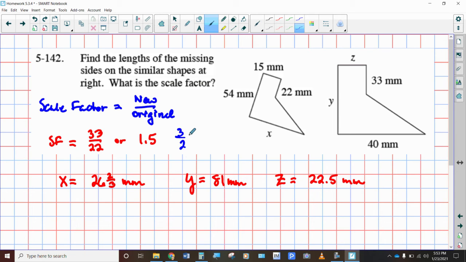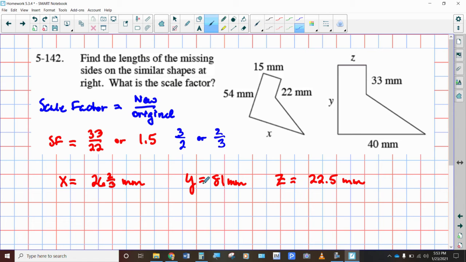The reason why I like writing it as 3 over 2 is because this process can be a little bit confusing sometimes. The scale factor is 1.5, but sometimes it's hard to tell whether you're supposed to multiply or divide to get one of these unknown quantities. So I always tell my students, you can think of your scale factor as 3 over 2 or 2 over 3.